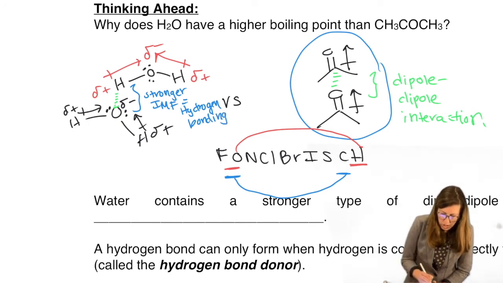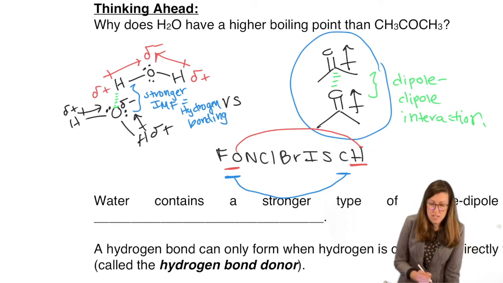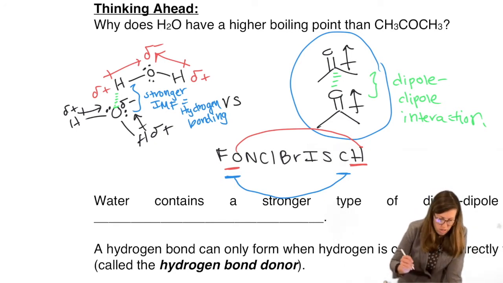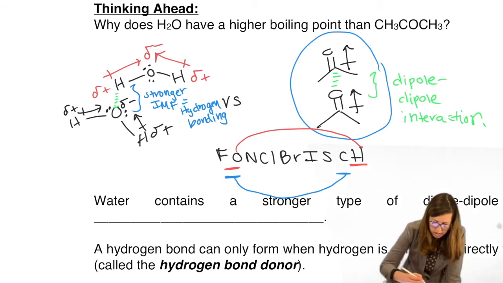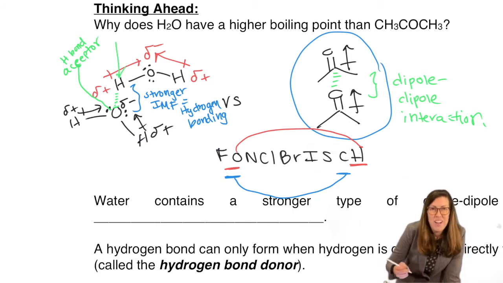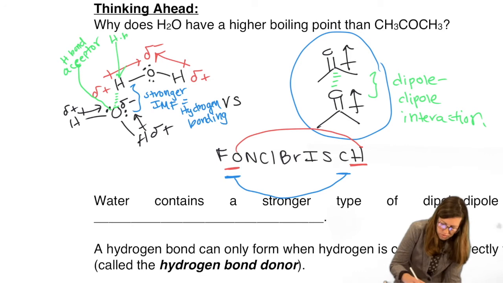In fact, you want to also not only be able to identify when there's hydrogen bonding, you want to know who is the acceptor and the donor. So the acceptor, who's accepting a bond with an H, is the oxygen. And the H itself is making the H bond, it's the H bond donor. So it's a donor-acceptor interaction.